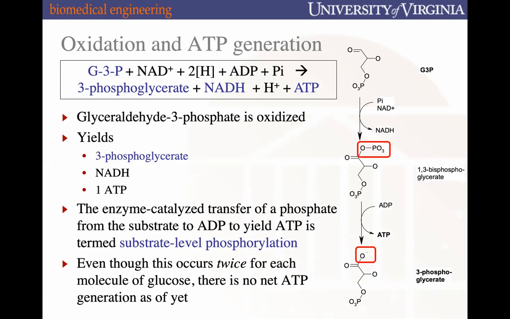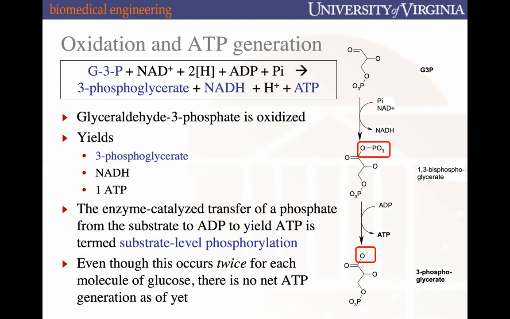So what ends up happening, starting at the top with 1 G3P molecule, is an inorganic phosphate is added onto our G3P, as well as the loss of an electron, an oxidation event, where NAD will now take up and accept that electron.